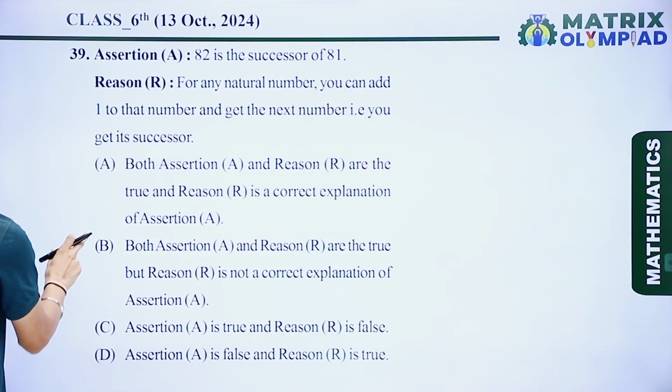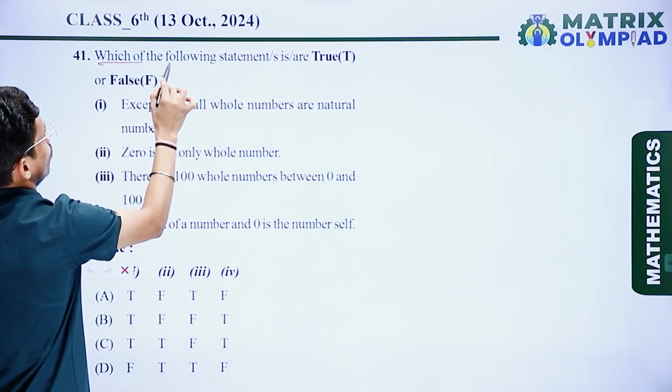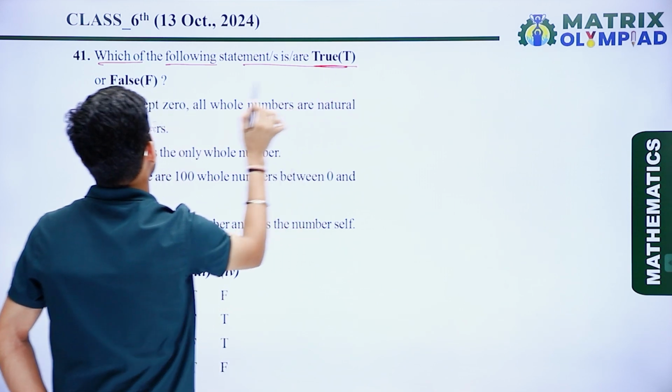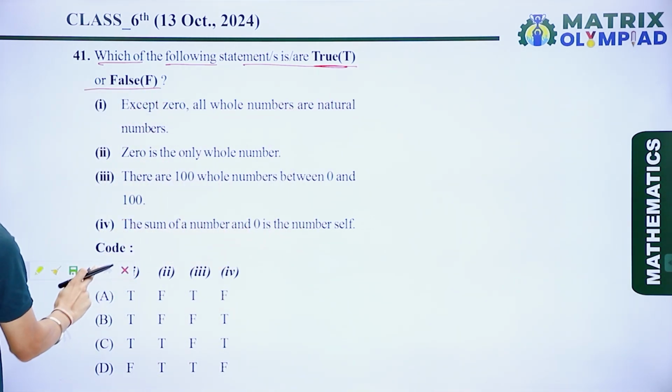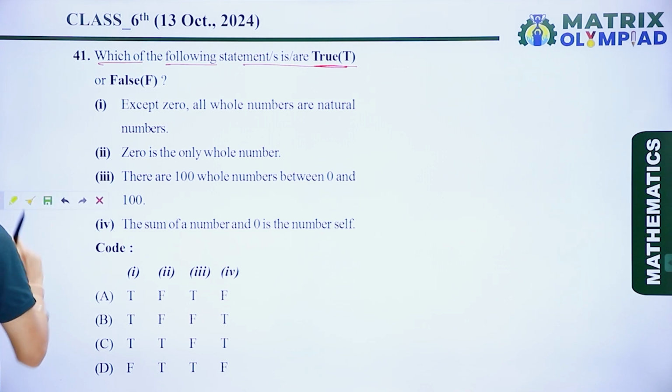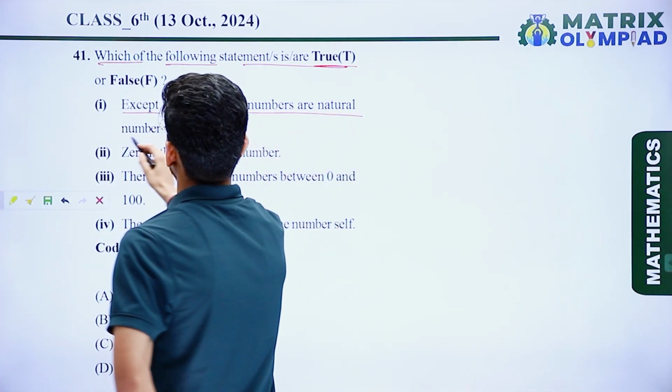So now if I talk about the next question, that is based on true false, which of the following statements is true or false. So here we have given 4 statements, so we have to find which one is true and which one is false. So first, except 0 all whole numbers are natural numbers.